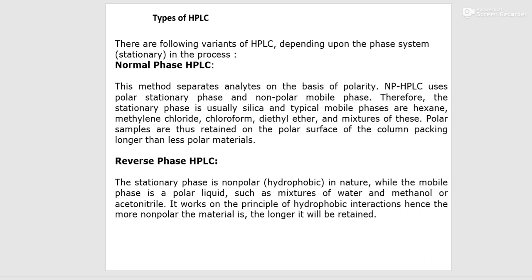So in reversed phase HPLC the stationary phase will be non-polar, for example C18 column, C8 column, phenyl column, and mobile phase will be polar, such as water, methanol, acetonitrile, aqueous acids, 0.1 to 1% of formic acid, then 0.1 to 1% of acetic acid, trifluoroacetic acid.